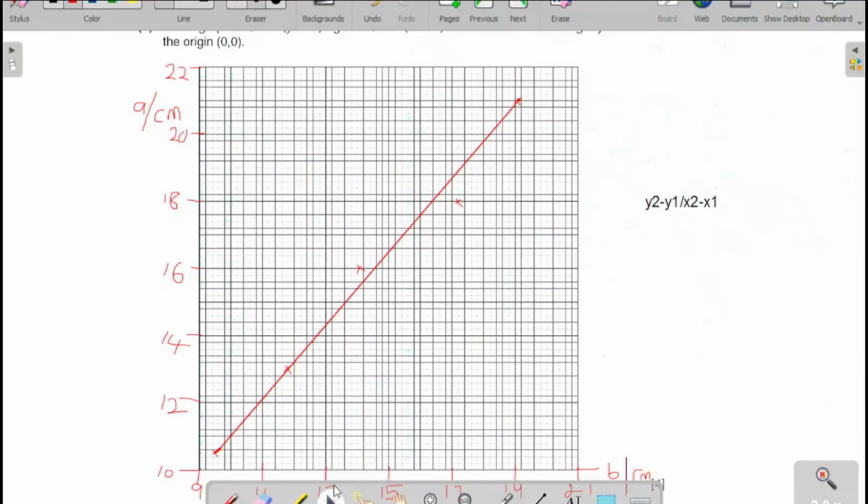With this, what I will do is to draw a triangle. Let me use another color. A triangle. I'm going to pick from here, and let me end it here.